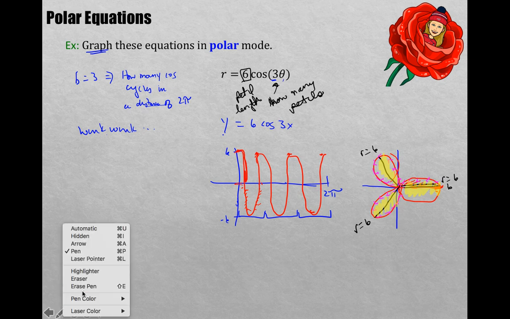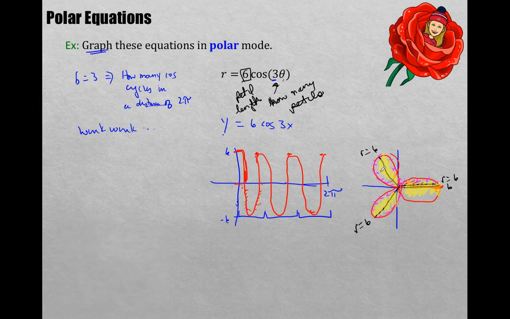Look at that one petal that I traced illegally. I was just trying to highlight the first petal that you look at. Look at that petal. Where is it kind of oriented around? Cosine. Oriented around the x-axis.